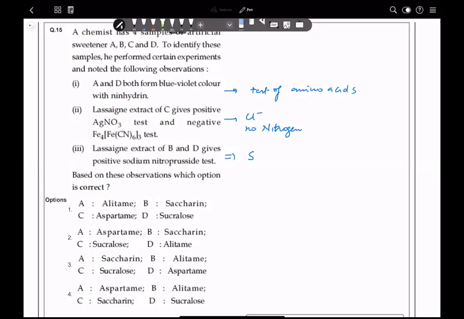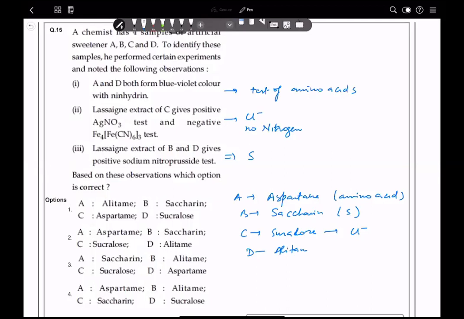So with this, if I mark the answer, compound A over here is aspartame. How do you know? It is confirmed by the amino acid test. Compound B is saccharin, confirmed by the test of sulfur. Compound C is sucralose, which is confirmed by chloride ion. And compound D is alitame, which contains sulfur, and it's an amino acid also.